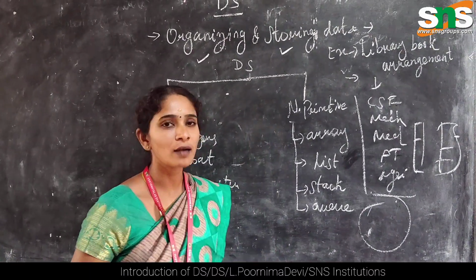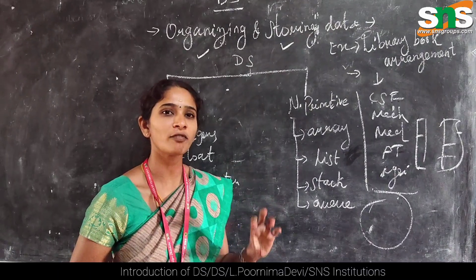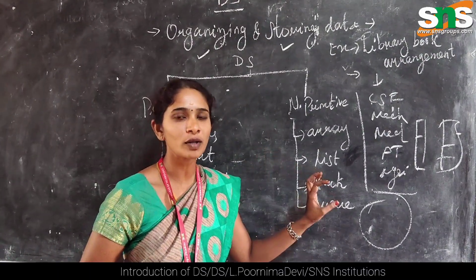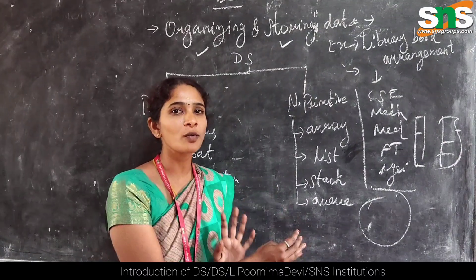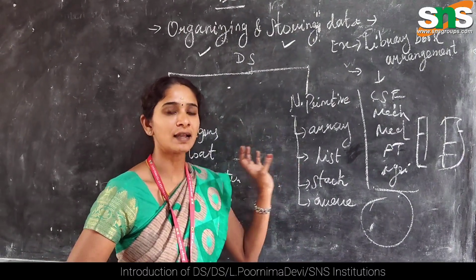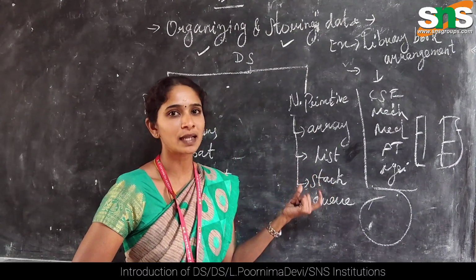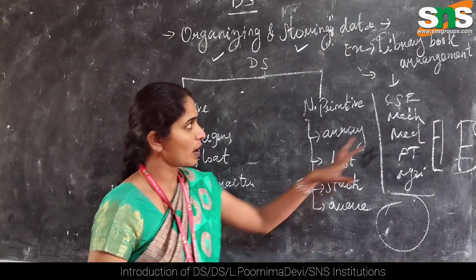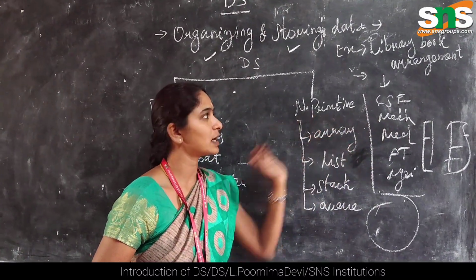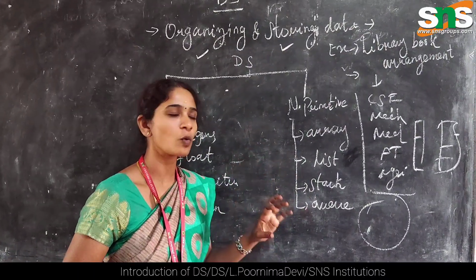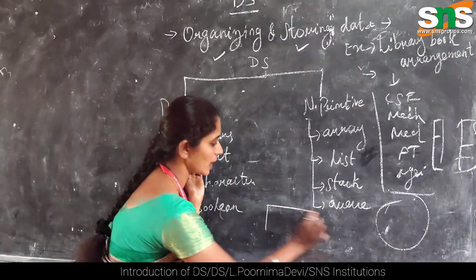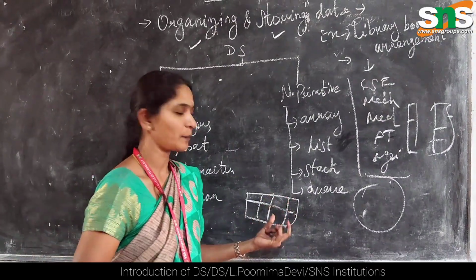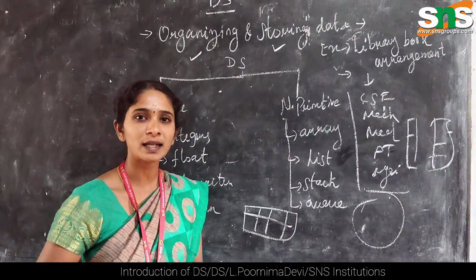We use data structures in all applications to store data in a particular place. As in the library management example, we store the data in our memory space in a particular order. That's why we use data structures.